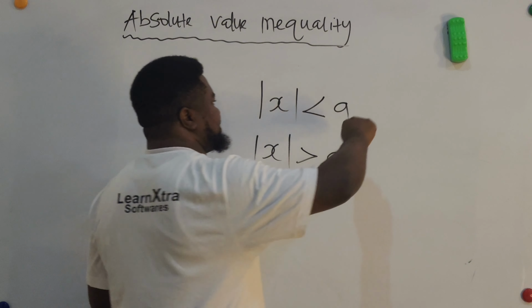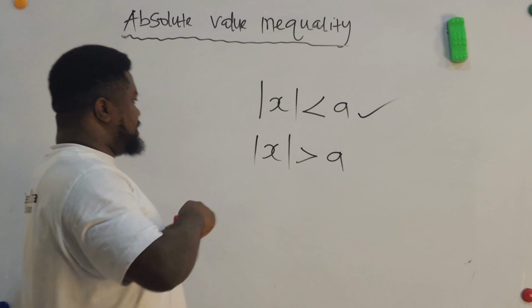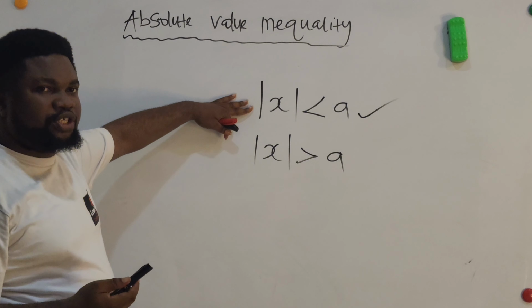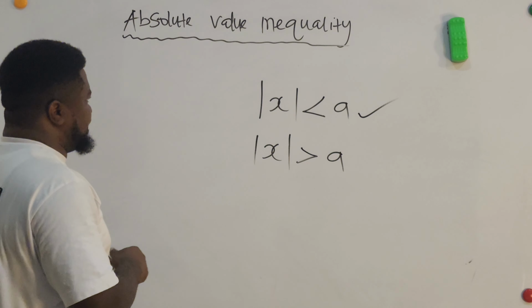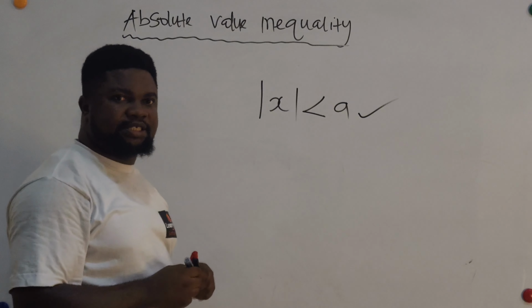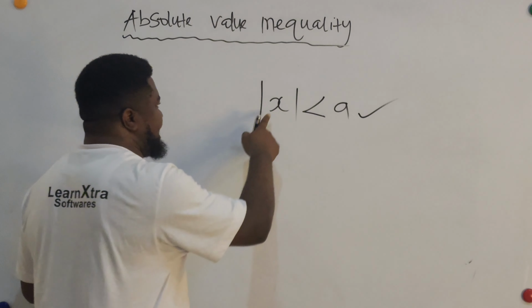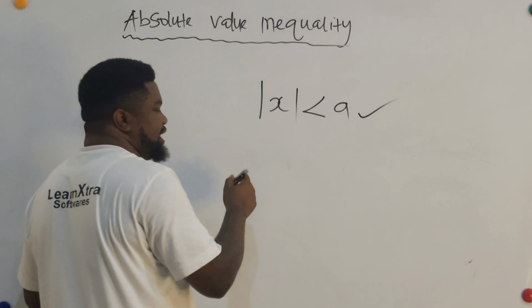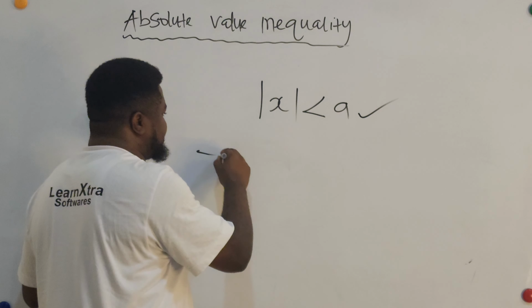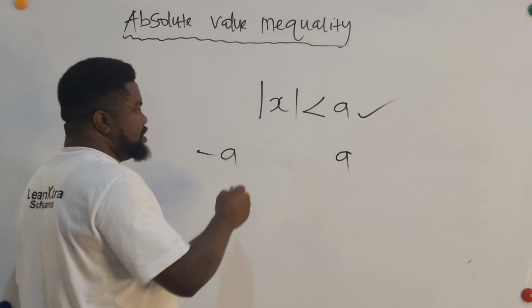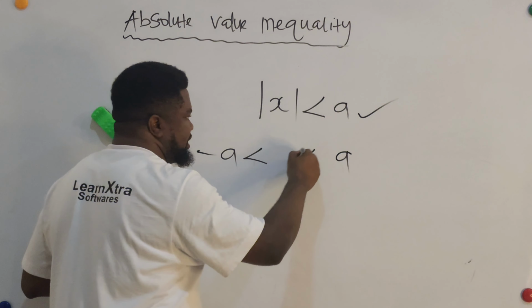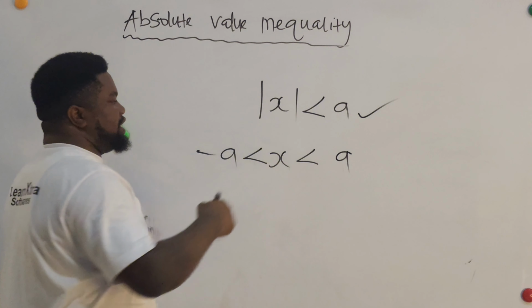This one is easier, so you can just use this type to always solve. If I give you this, it actually means that x is in between minus a and a. That's the meaning. So x is in between minus a and a.